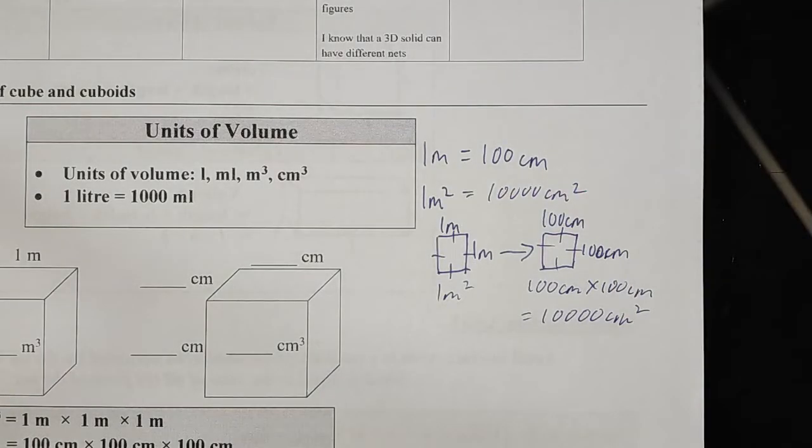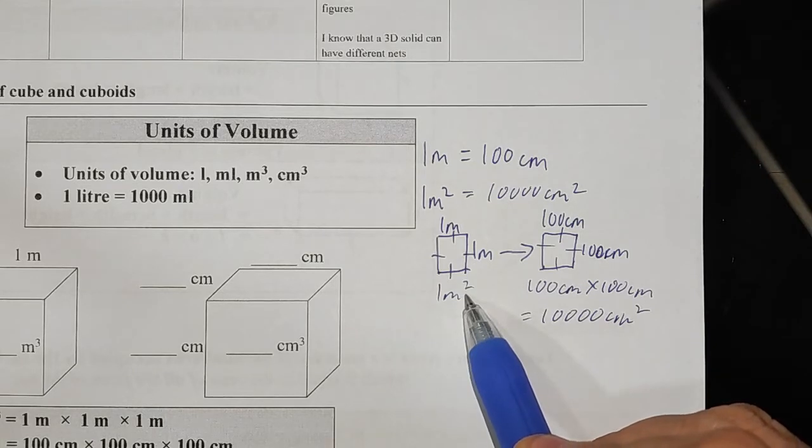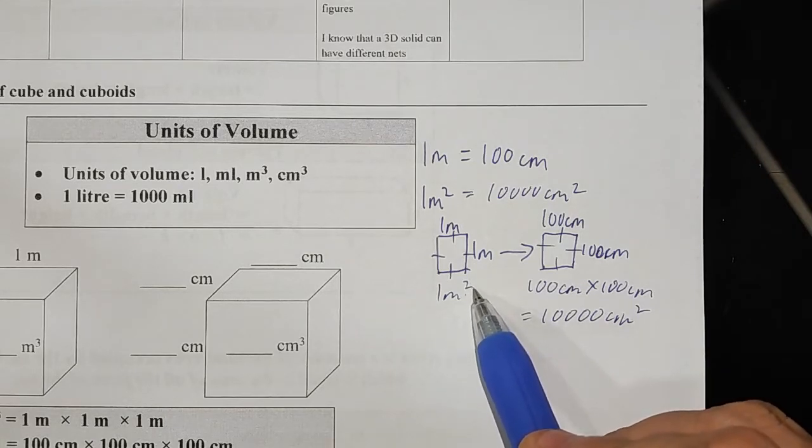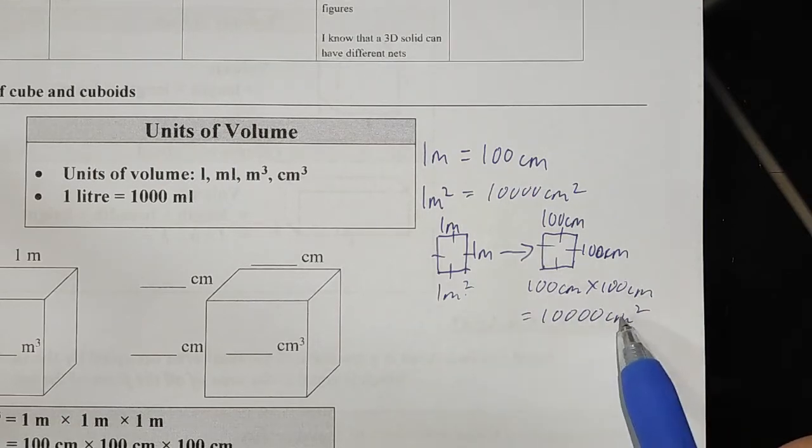However, you do not need to memorize that. How do you remember it? Look at the power of the units. It is a square, so I have to convert the meter to centimeters 2 times. Hence, I need to multiply by 100 2 times.